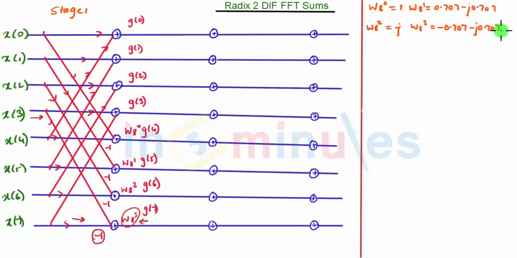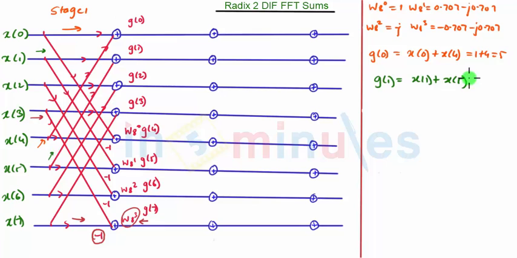Now we have seen the value of x1(n). So let us compute the output of stage 1. g(0) is receiving input from x(0) and x(4). So x(0) plus x(4), it comes out to be 1 plus 4, that is 5. Now for g(1), the input will be x(1) plus x(5).